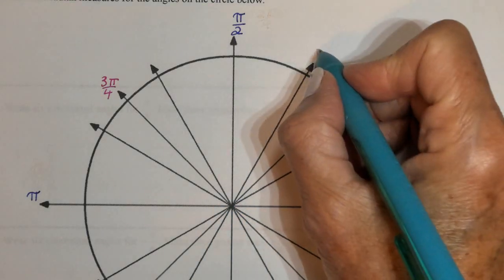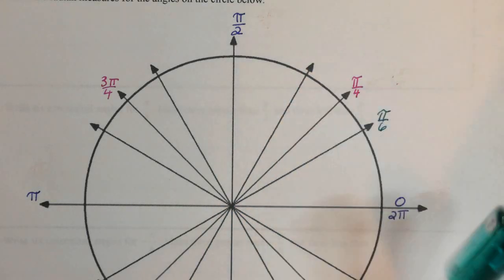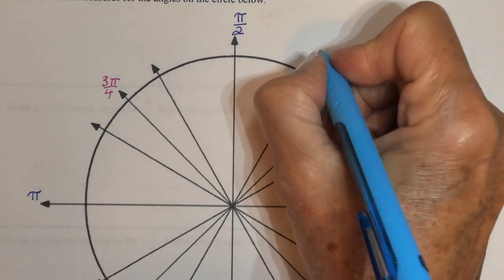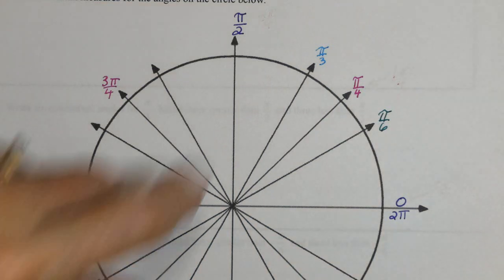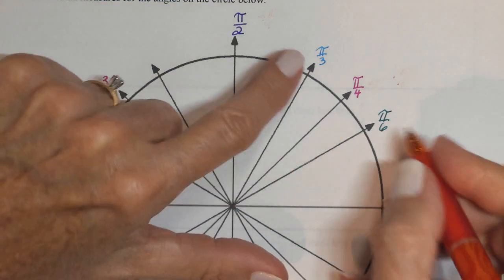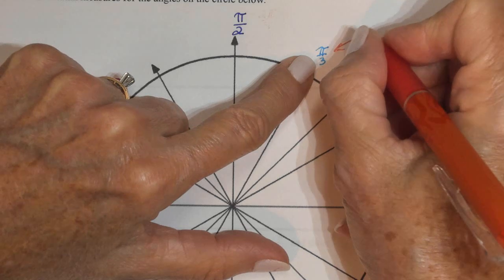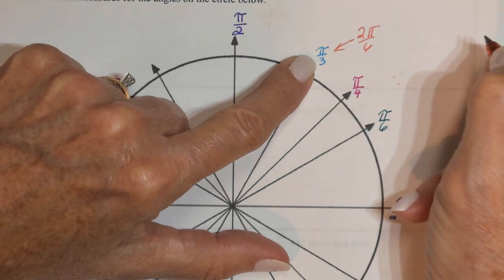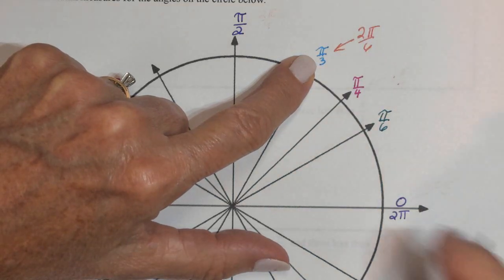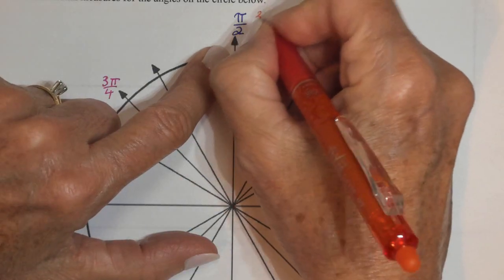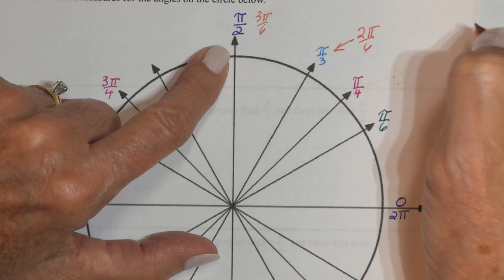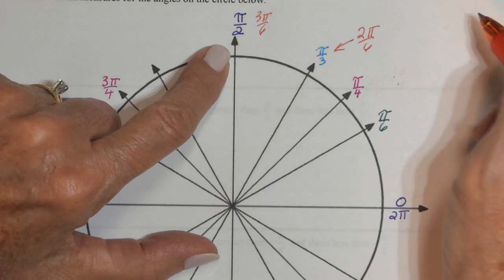So it would be 2 pi over 6, but 2 pi over 6 reduces, doesn't it? It reduces to pi over 3. So again, 1 pi over 6, 2 pi over 6, but it reduces to pi over 3. If we go another 30 degrees, we're up here at 3 pi over 6, but that reduces to pi over 2.